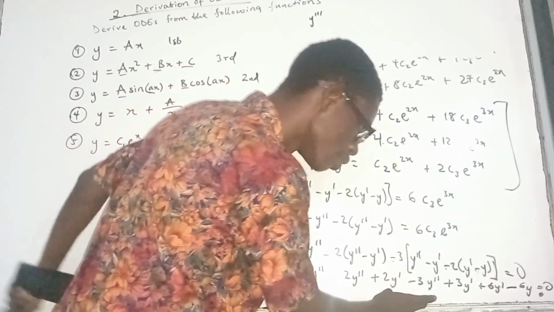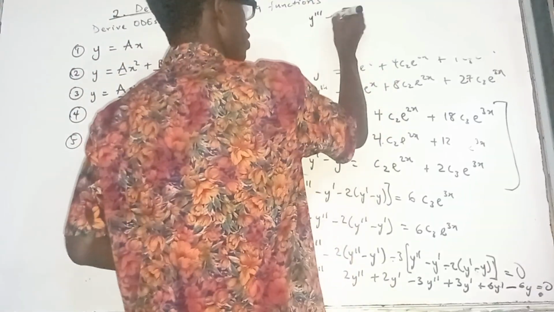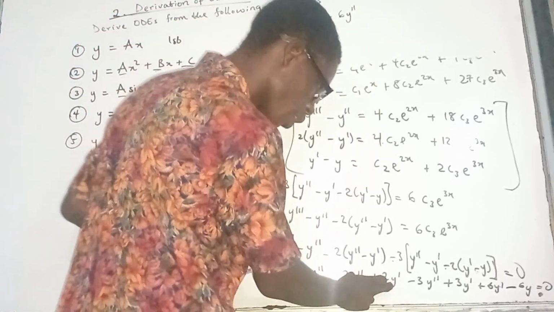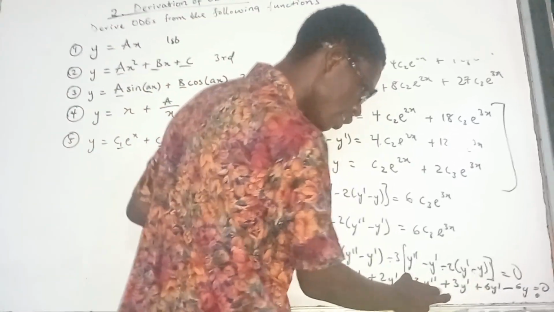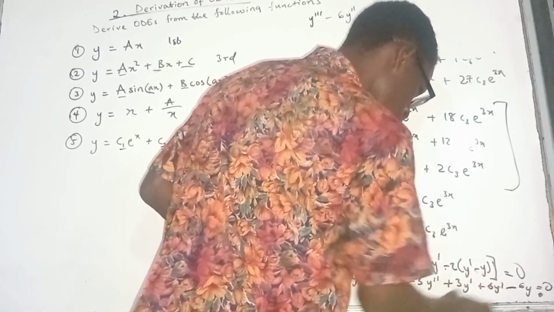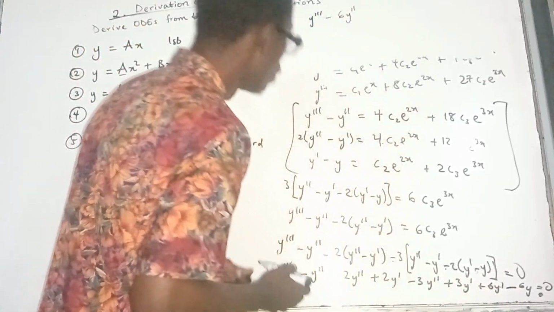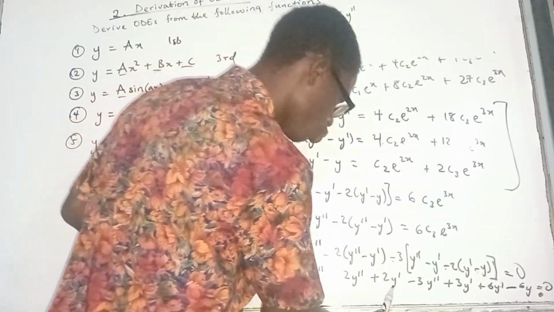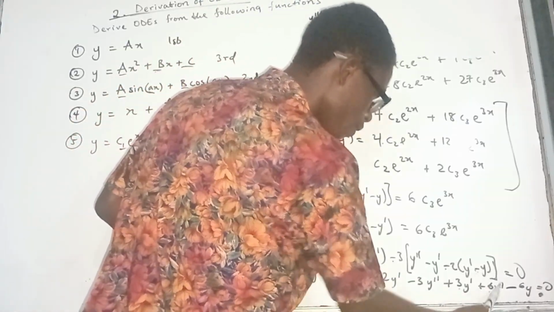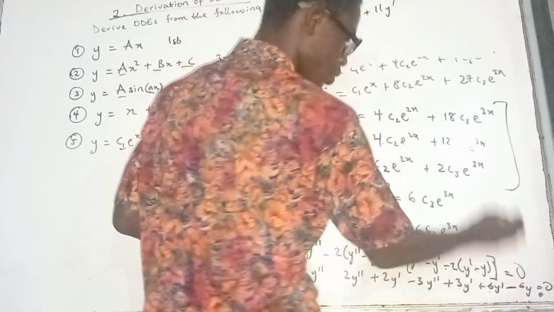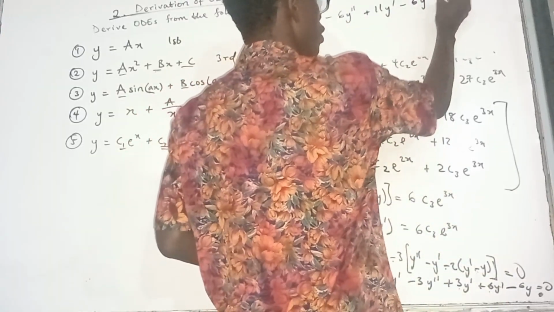Minus 6, and that's all. So we have minus 6y double prime. For our y prime, 2 plus 3 gives us 5, plus 6, that is 11. Plus 11y prime, and our final minus 6y equals to 0.